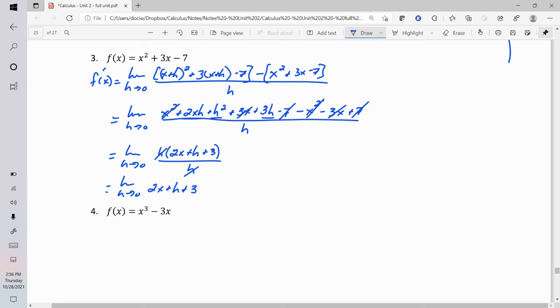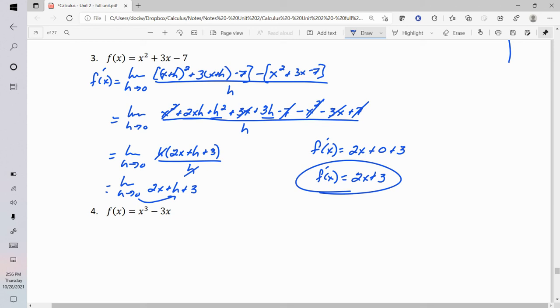We take the 0, and we plug it in for the h. So we're going to say that the derivative at this point equals 2x plus 0 plus 3. Or the derivative, f prime of x, is equal to 2x plus 3. And so that's the derivative.